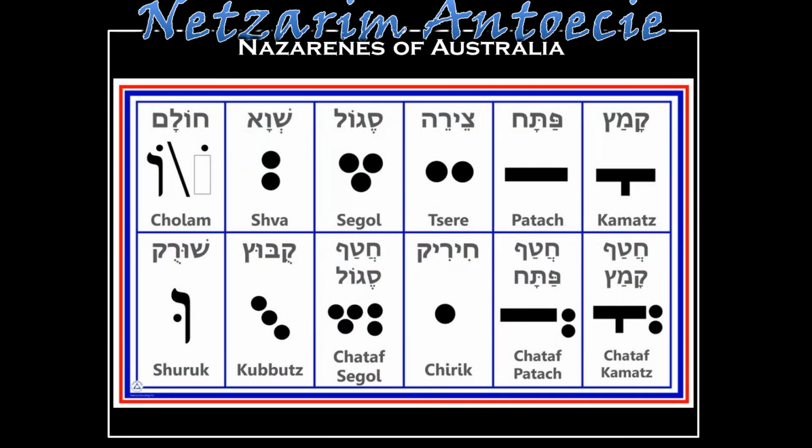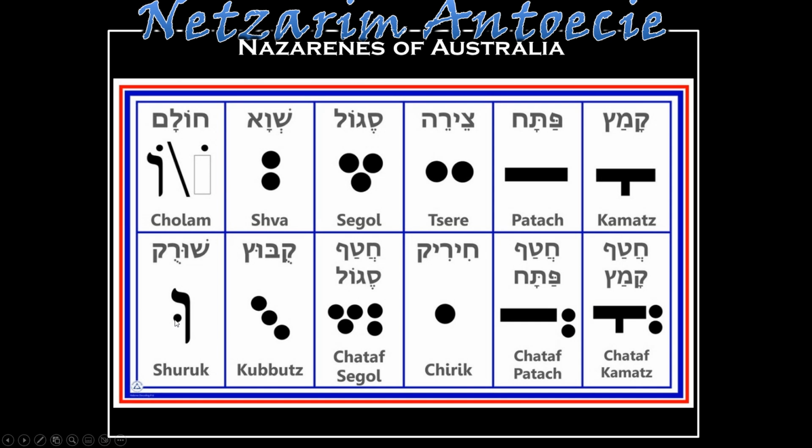And of course, now we have the vowel marks. And we have a kamatz. Now, it gives us a longer A sound. And we have patach, short A, tzere, a longer E sound, segol, short E, shva, it's a syllable break. And we have cholam, that's the O sound.